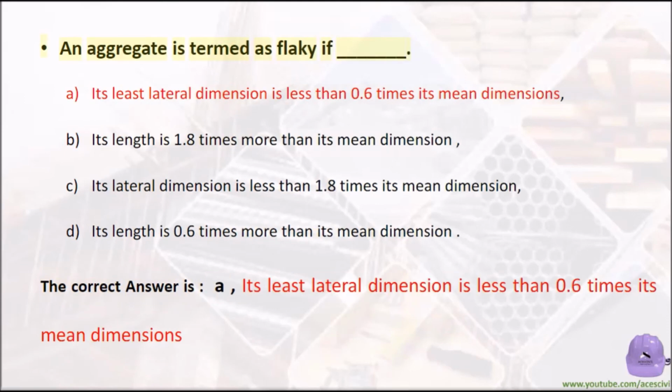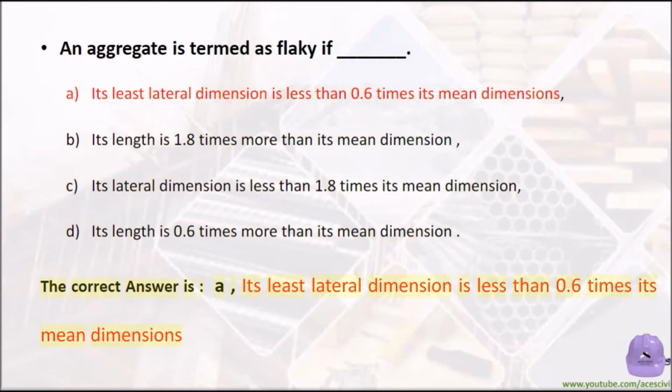An aggregate is termed as flaky if: A. Its least lateral dimension is less than 0.6 times its mean dimension, B. Its length is 1.8 times more than its mean dimension, C. Its lateral dimension is less than 1.8 times its mean dimension, D. Its length is 0.6 times more than its mean dimension.